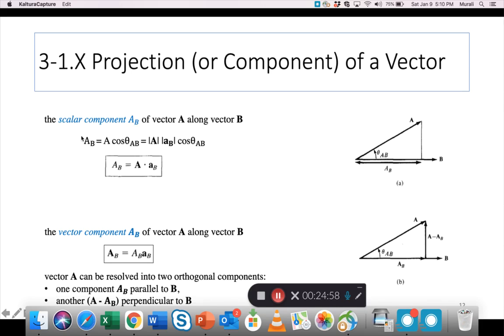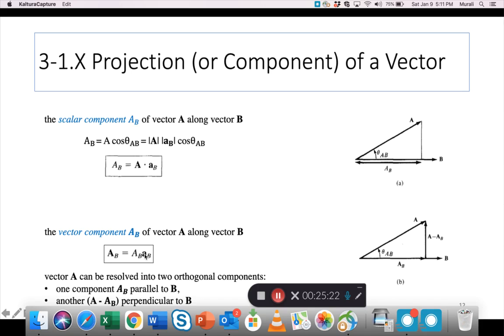So here is a scalar component definition, and there can also be a vector component definition. What that is, is just this AB, but now we show it as a vector, so you have to add to this AB a unit vector in front of it.